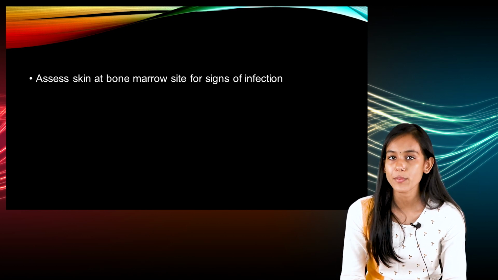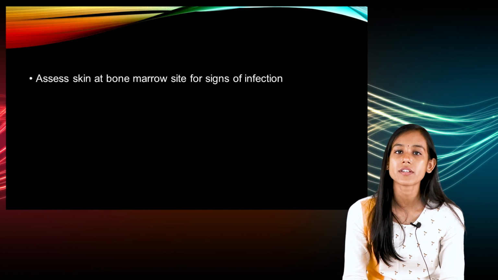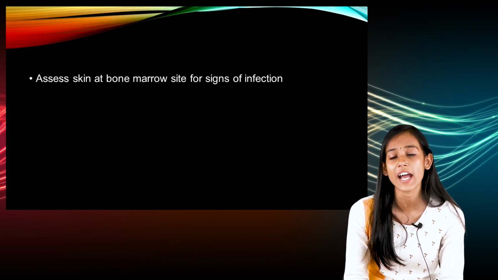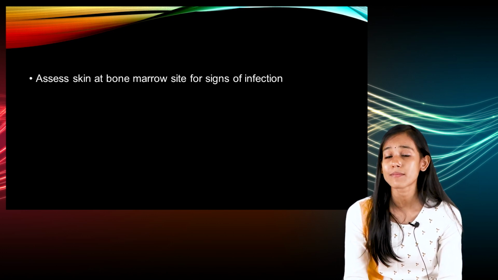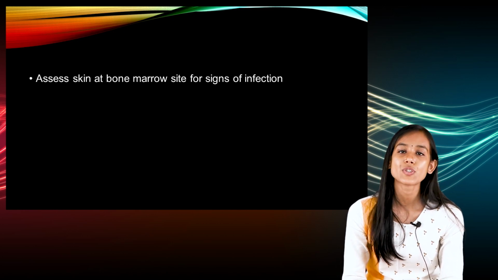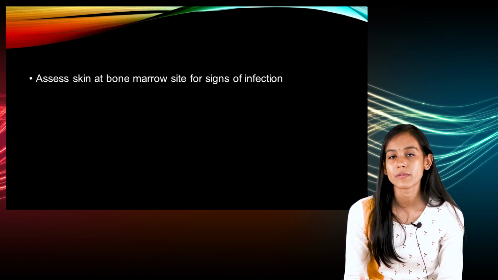You have to check whether there is any infection, redness, inflammation, or rashes. If these are present, that might indicate an infection, so you have to assess the skin from where the bone marrow will be taken.